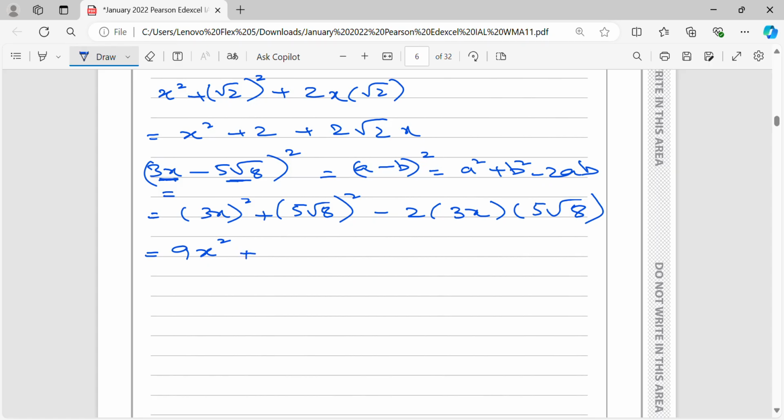9x squared plus 5 raised to power 2 is 25, and 25 times 8 is 200. And 2 times 3 is 6, 6 times 5 is 30, 30 root 8 x.